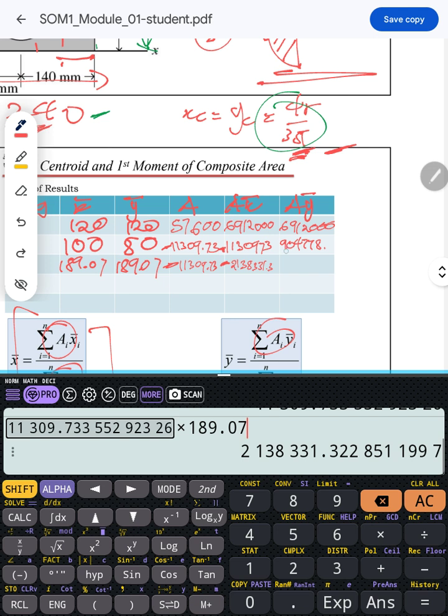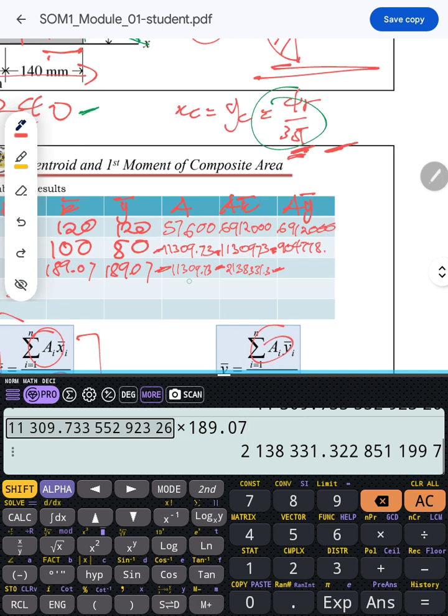And then our AY, because the area is a negative area, right? Meaning that the AY will be negative for both of them, right? So then the AY will be, there's A, there's the Y. Seems to be the same thing, the same figure.